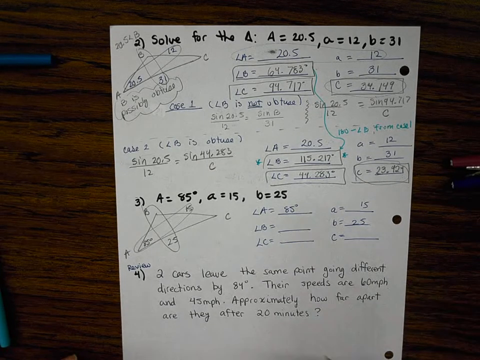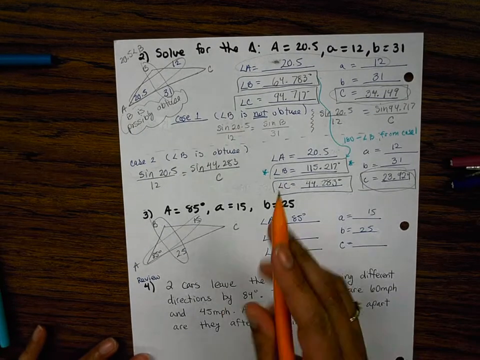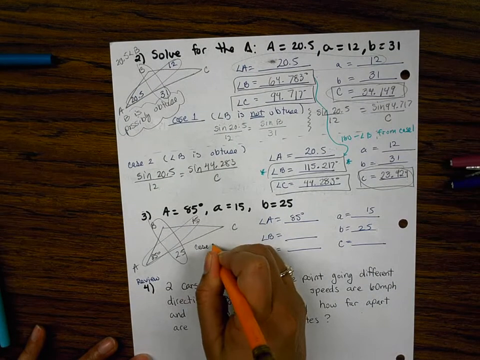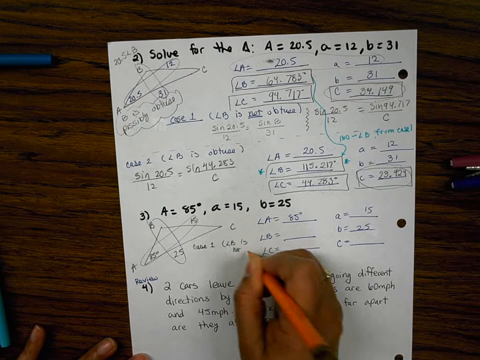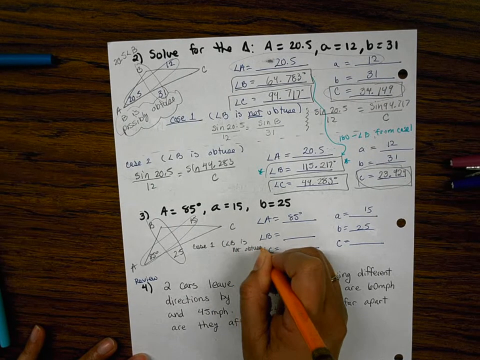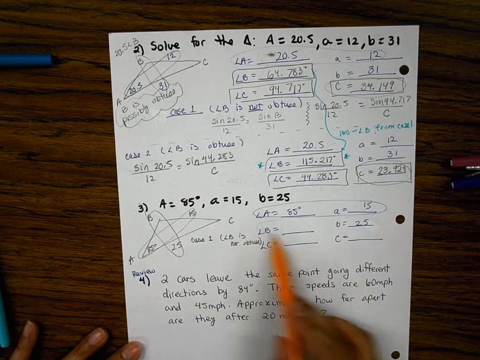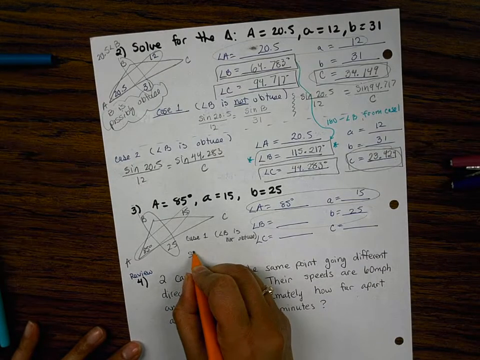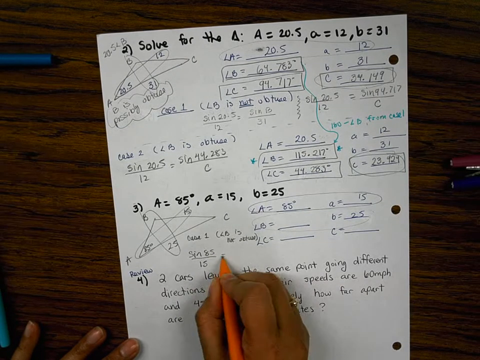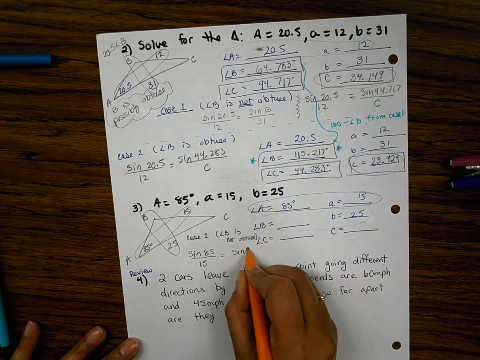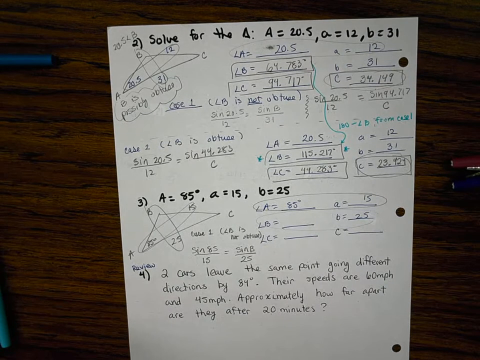All right, so remember case 1, you treat it as if angle B is not obtuse, which means we do just like what we learned last week. So I'm going to use this right here to find my angle B. So you would write down sine of 85 over 15 equals sine of angle B over 25.